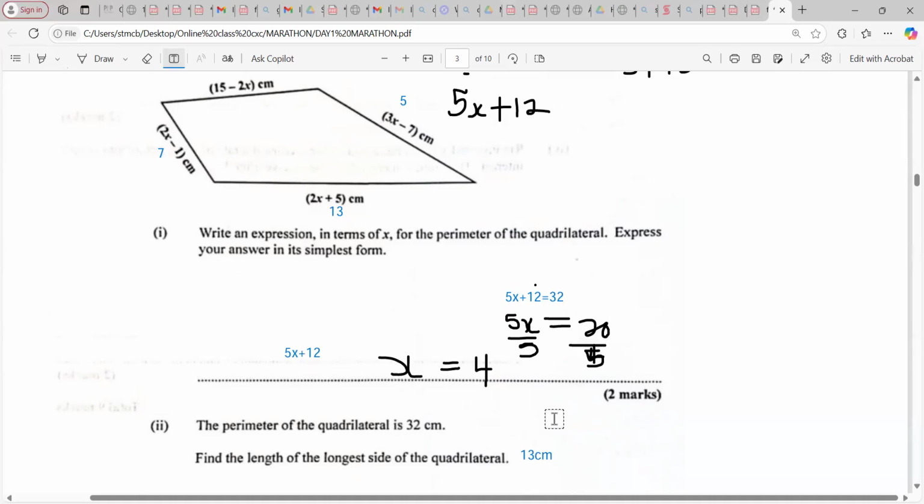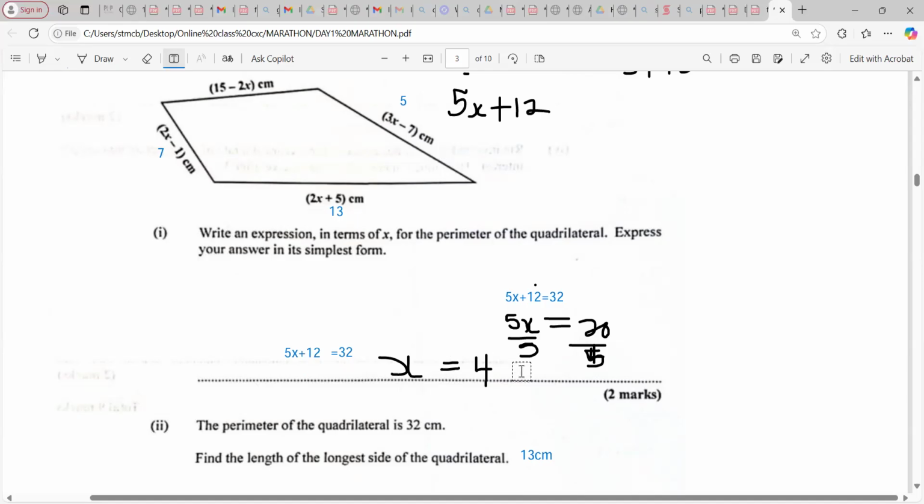Alright, so make a note of it, guys. The perimeter is the total distance around, and if they told us it's 32, that means we simply equate the expression to 32, because this is what we add up to give us 32. Then we solve for x, and x turns out to be 4.